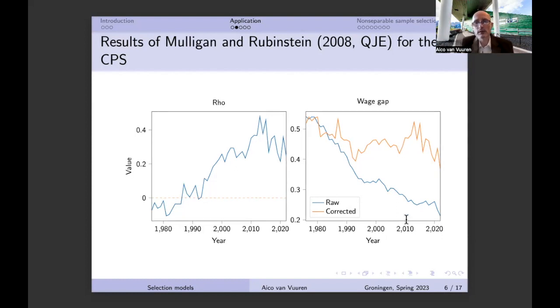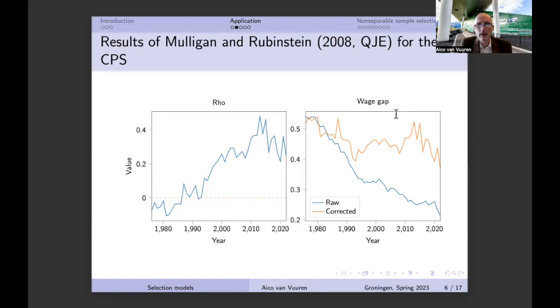And that's exactly what we see over here. When we look at the year 2010, the mean wage gap was around 27% or something like that. But after having corrected for sample selection, we get a much larger mean wage gap. And this results in this picture that we have over here.